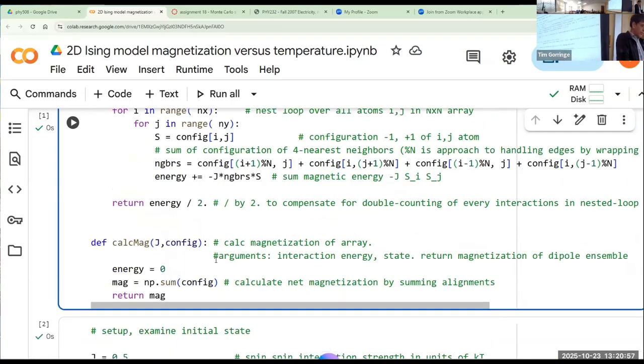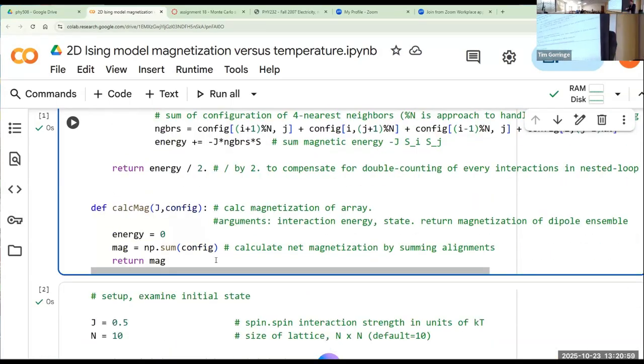One other simple function in here. What about when I actually want the magnetization of the solid? What is the magnetization of the 2D array? Magnetization of the 2D array is just the sum of the states of the individual magnetic dipoles.